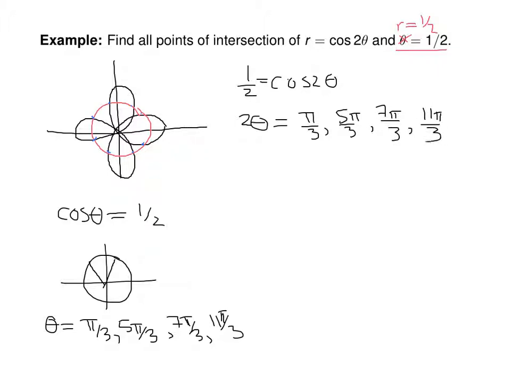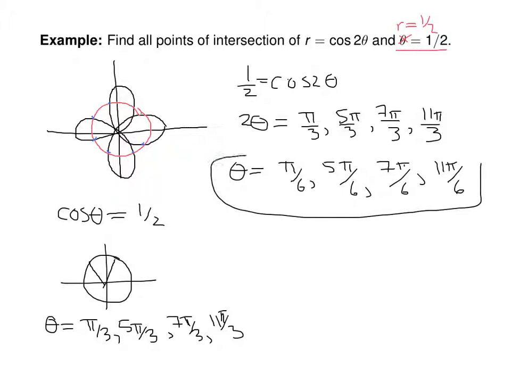And then dividing each of these by 2, we get theta is equal to pi over 6, 5 pi over 6, 7 pi over 6, and 11 pi over 6.